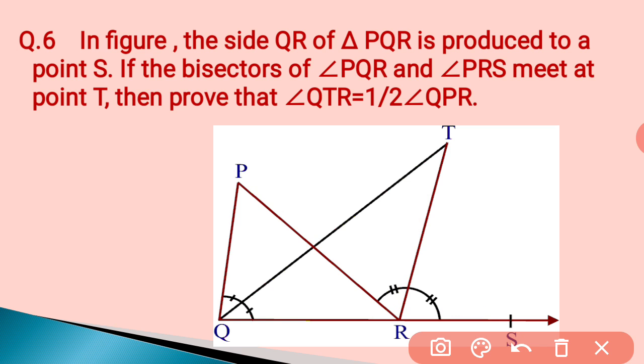So we have two bisectors and both the bisectors meet at a point T.